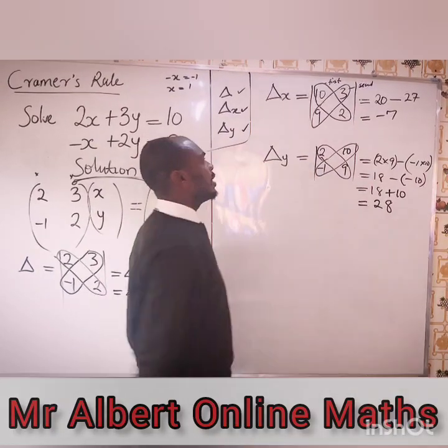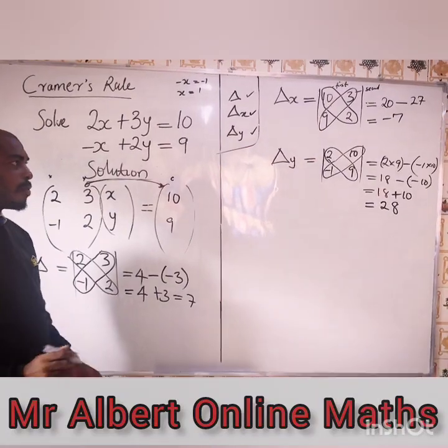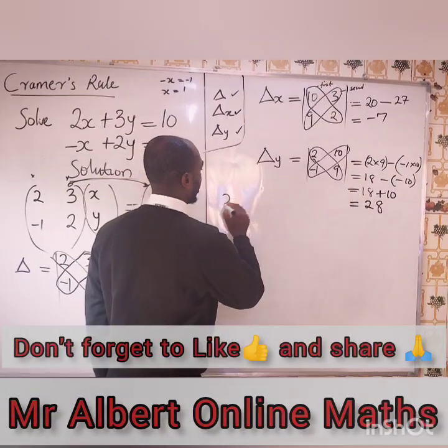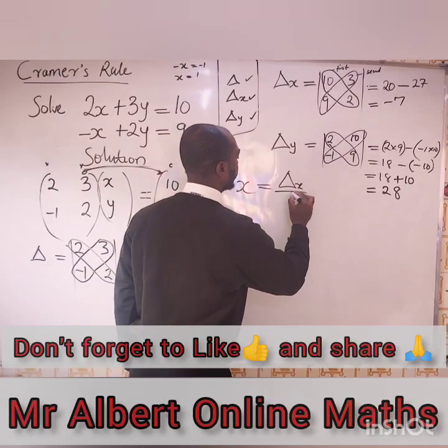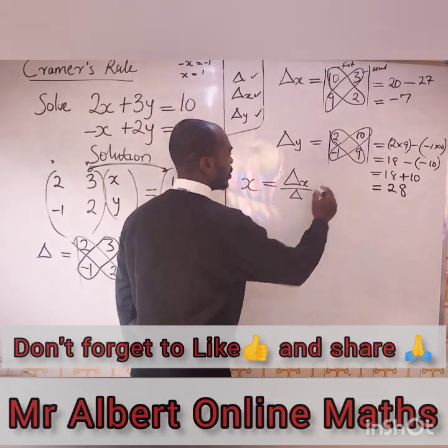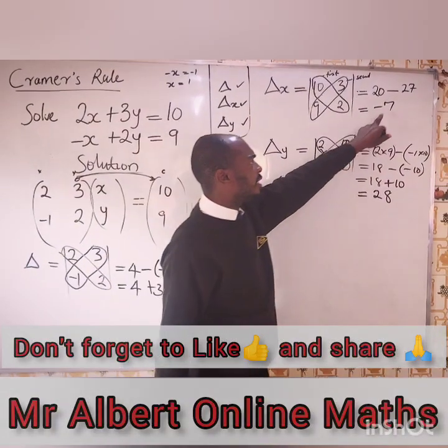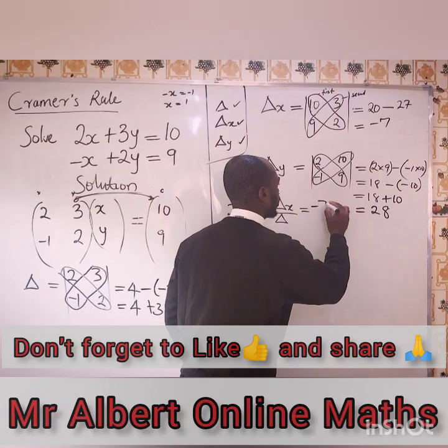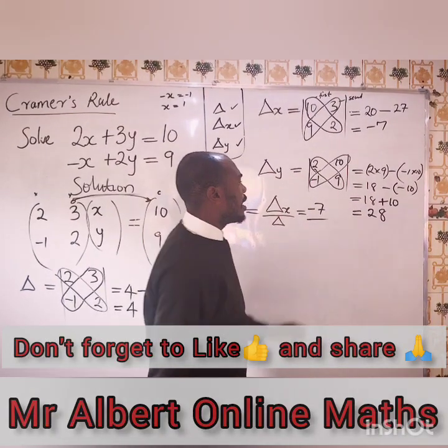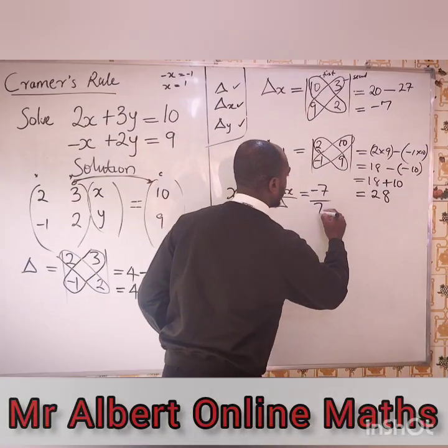So let us see how to find the value of x and y. We pick the first one. X equals determinant of x all over determinant. And determinant of x from what we've calculated is negative 7. And determinant we calculated here, we have 7.